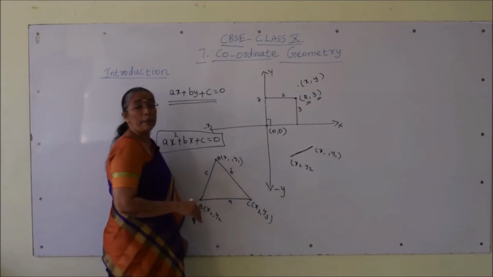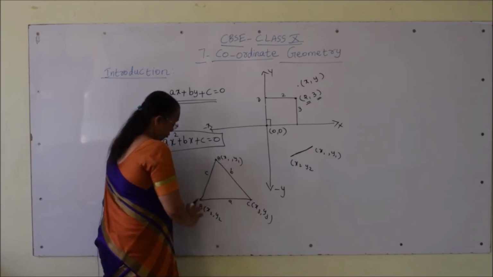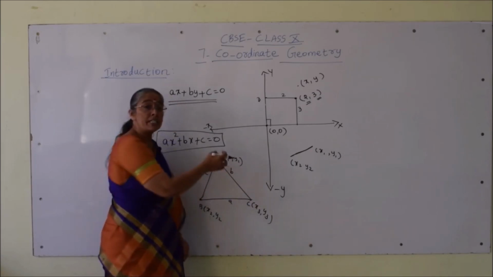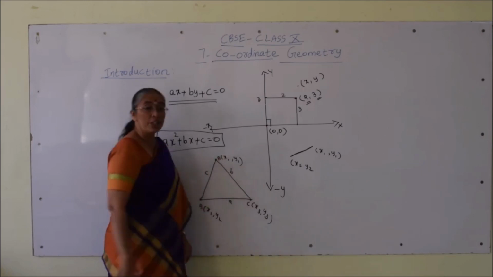Now in this chapter we will find the area of a triangle with the help of the coordinates. When the coordinates are given, how can we find the area of the triangle?